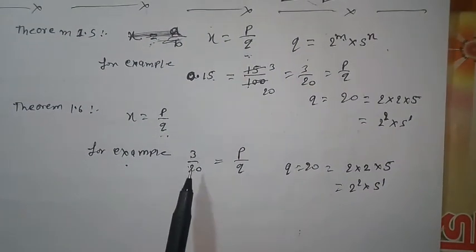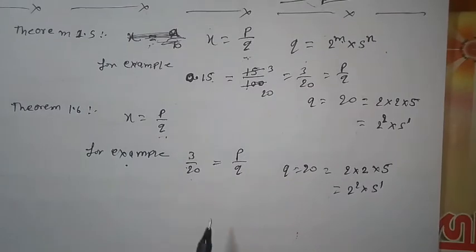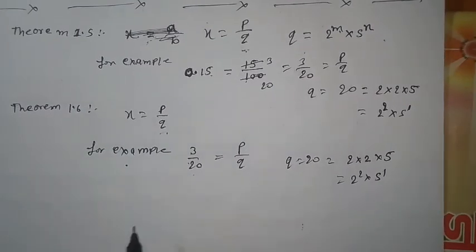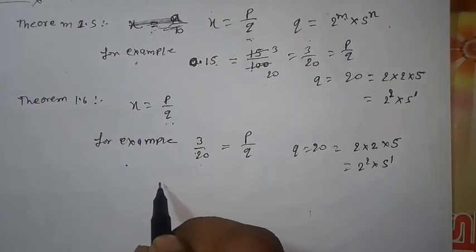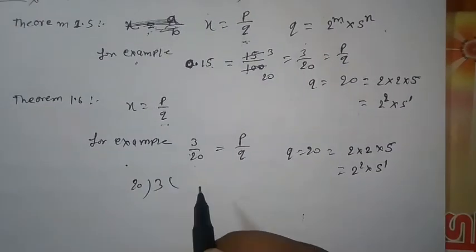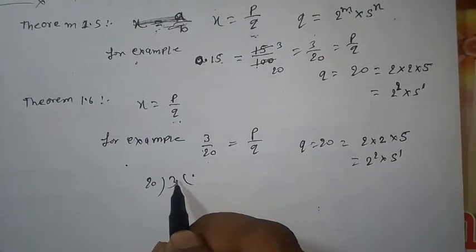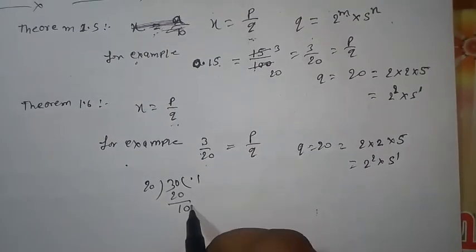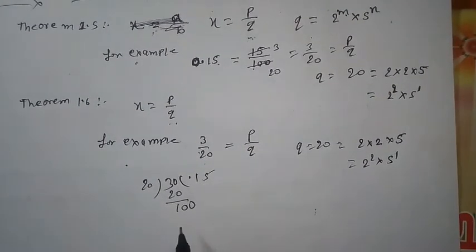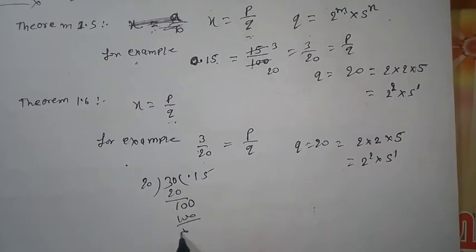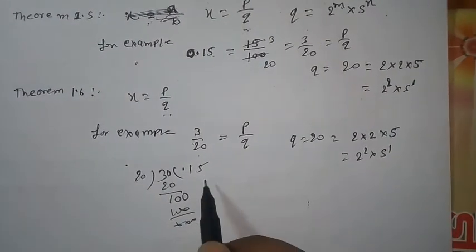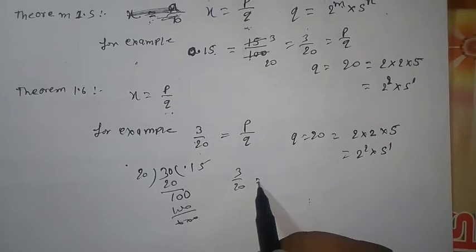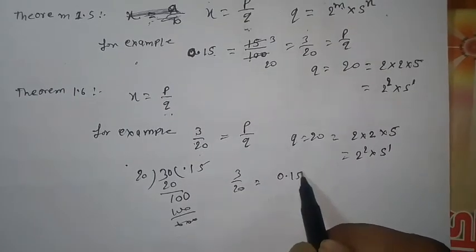This means that for the number 3 by 20, the decimal expression is, when 3 is divided by 20, 0.15.